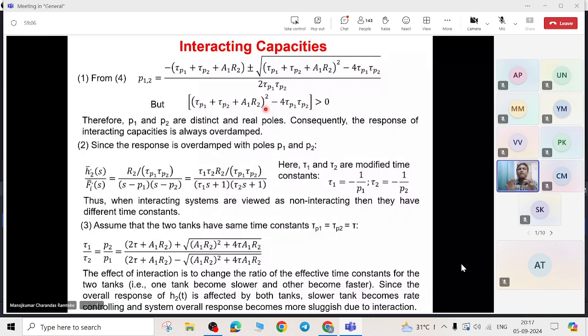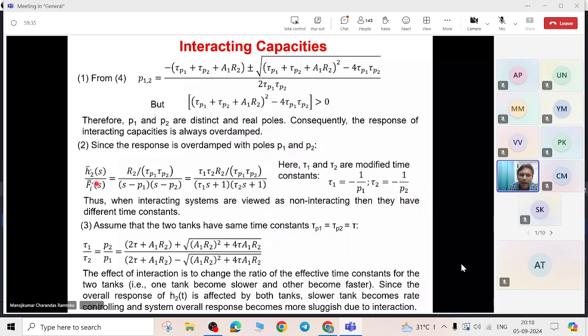How can I represent it? I can use this P1 and P2 as the apparent time constants. I can relate P1 and P2 with the apparent time constants. Maybe I can represent the time constant tau 1 as -1 by P1 and the other time constant tau 2 as -1 by P2, isn't it?